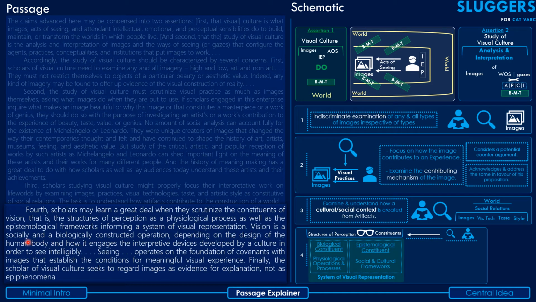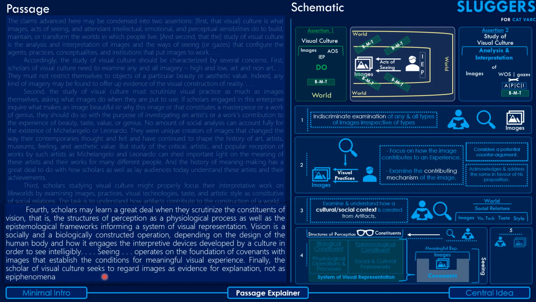Vision, he says, is a socially and biologically constructed operation depending on the design of the human body and how it engages with the interpretive devices developed by a culture in order to see intelligibly. Seeing operates on the foundation of covenants with images that establish the conditions for meaningful visual experience. Finally, the scholar of visual culture seeks to regard images as evidence for explanation, not as epiphenomena.